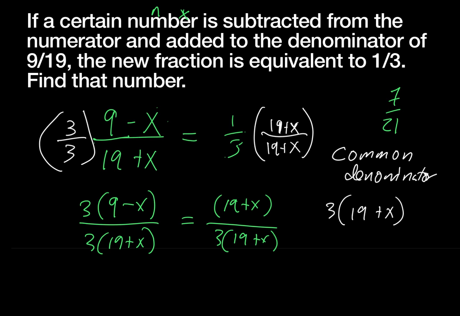When I have them equal to each other, if this whole thing equals this whole thing and they both have the same denominator, that means I'm dividing by the same thing. It'd be like up here saying, well, I have 7 over 21 is equal to what over 21? Well, it'd be 7, because it's the same thing. When the denominators are the same with equal fractions, the numerators have to be the same, which means these have to be equal to one another.